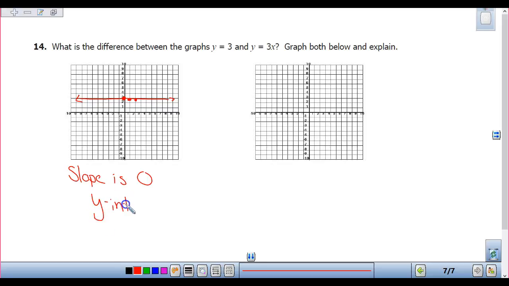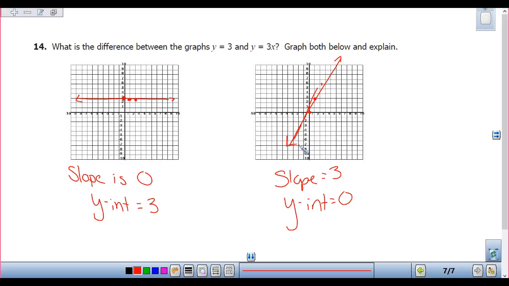What was my y-intercept? 3, yep. Whereas if I have y equals 3x, what's my slope? 3. What is my y-intercept in this one? 0. So my starting point is at 0, and then I have to go up 3 over 1, up 3 over 1. Draw my line.